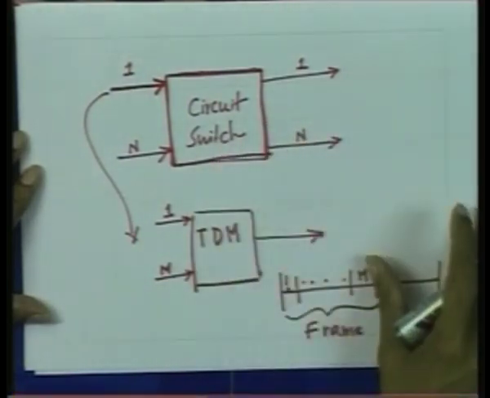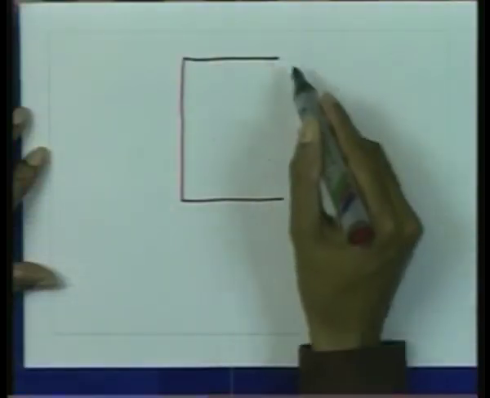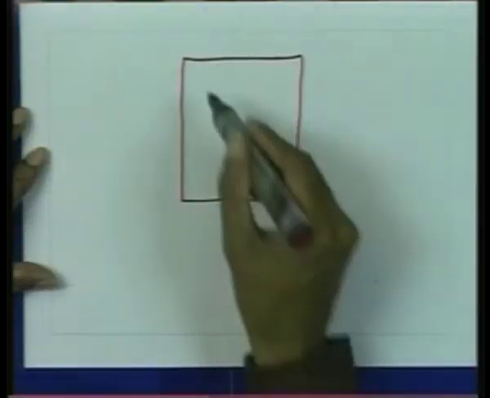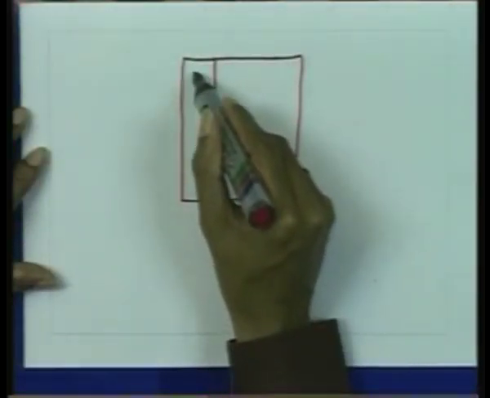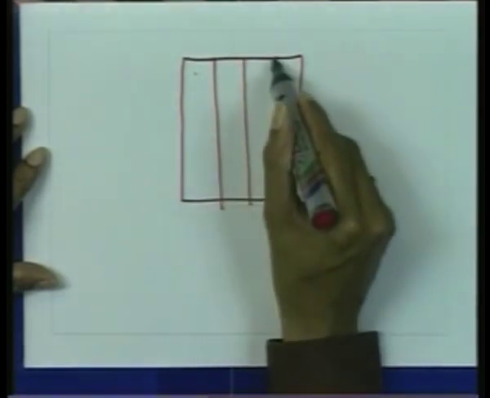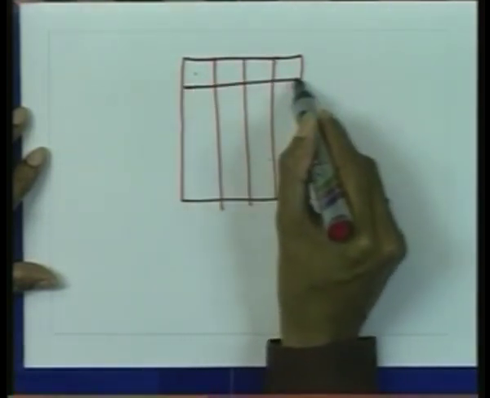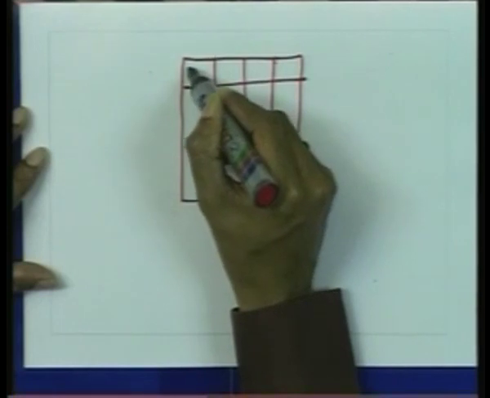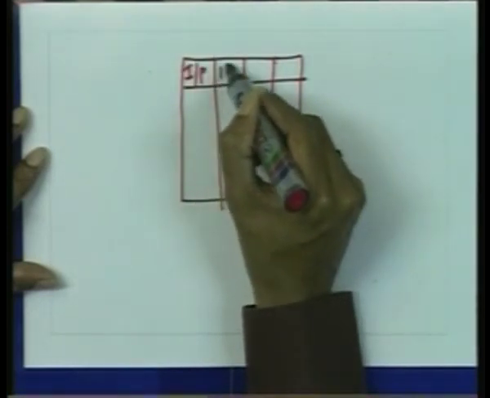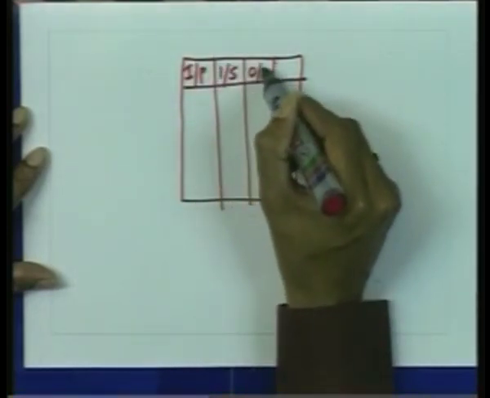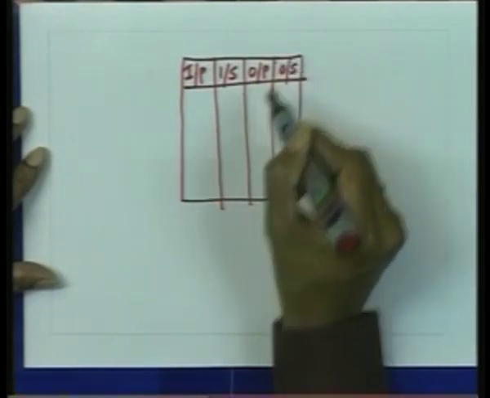Now, this circuit switch will have some kind of a translation table which looks like this: an input port, input slot, output port, and output slot. So you say what is the input port, what is the input slot, what is the output port, what is the output slot.